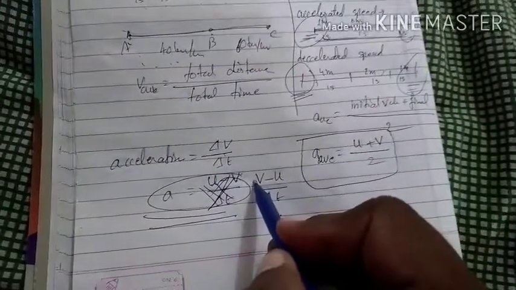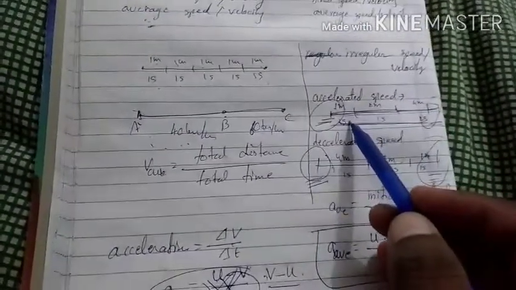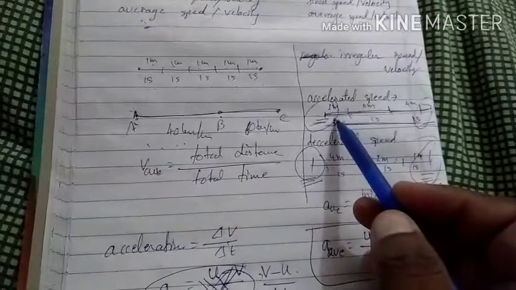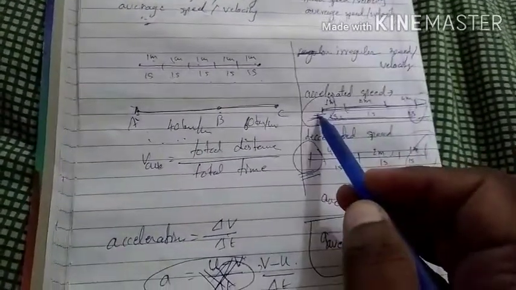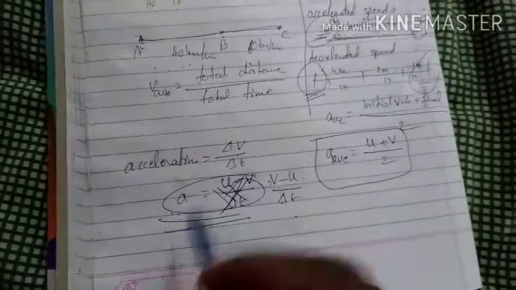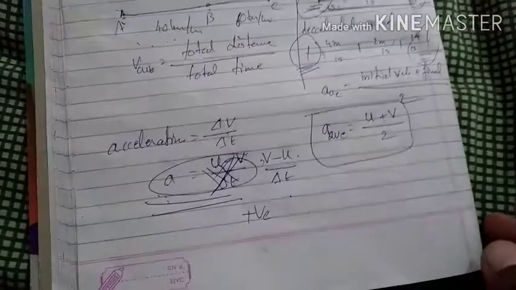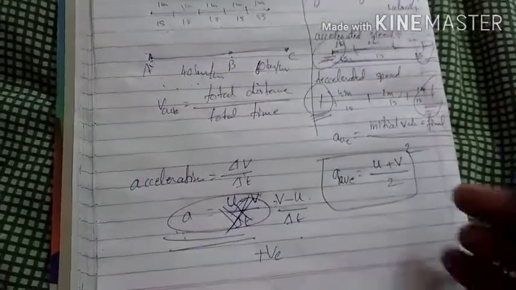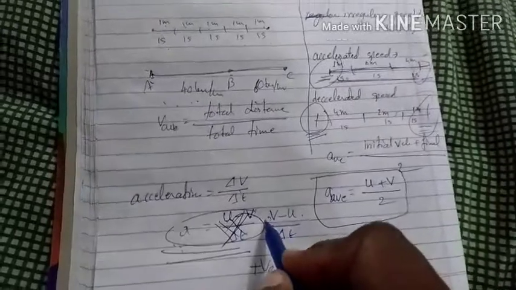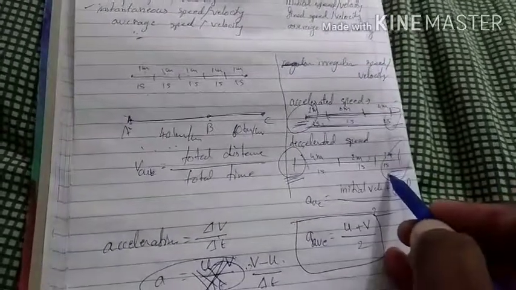If the final velocity is greater and the initial velocity is smaller, that is accelerated motion. This time v is maximum and u is minimum, so the acceleration we obtain is positive. But if v is minimum and u is maximum, that means in decelerated motion, u is greater than v.